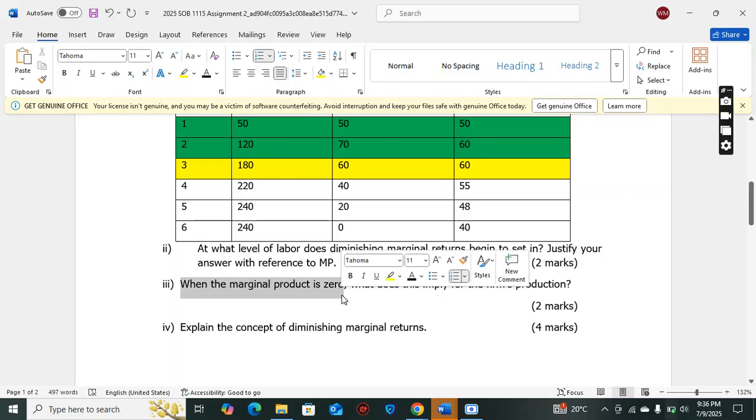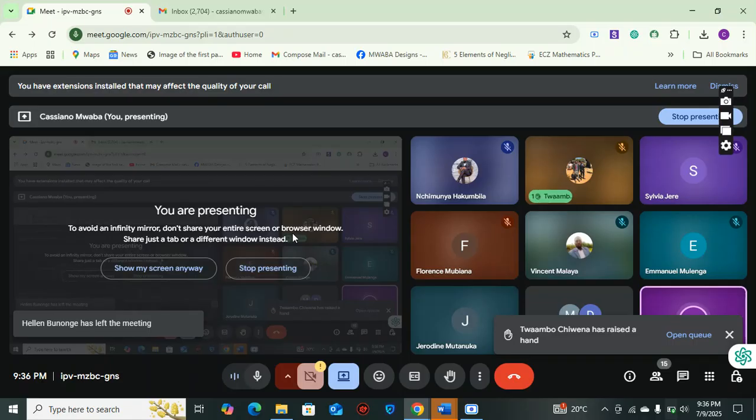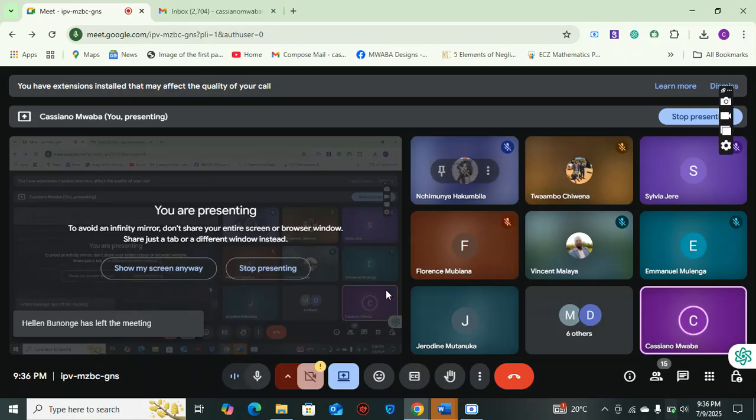When the marginal product is zero, what does this imply for the firm's production? Meaning when you hire the next worker. Thank you, Mr. Trump.